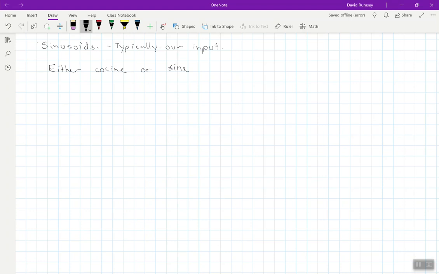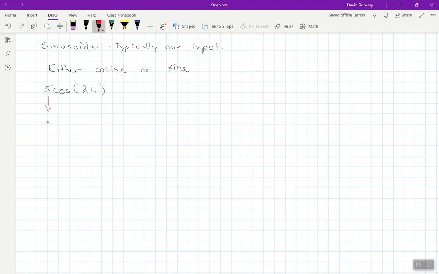Now, let's just go back and remember some basic things about sinusoids here. So let's just start with a very simple cosine of 2t. And recall some things here for this. Well, actually, let's go ahead and put a 5 here.